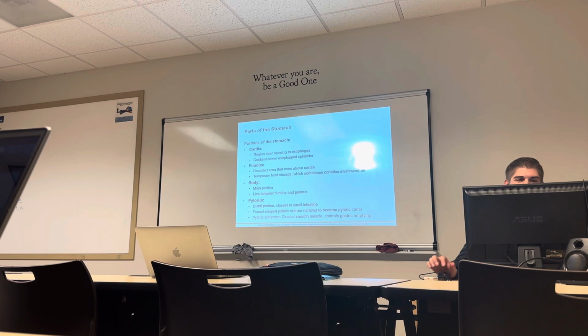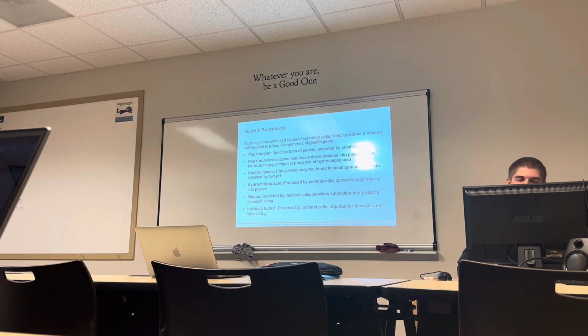Alright, the cardia, the fundus, the body, the pylorus. So you guys know where they are. What's the main part? The body. Good. If you're able to describe them on that level, you'll be good.